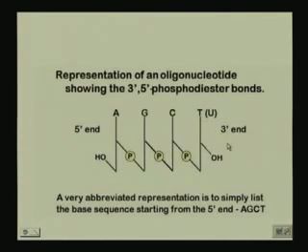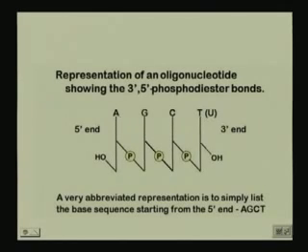Now, usually you know that you have a sugar and you know that you have a phosphate. So, even though this is a certain representation that makes it easier to understand how the cleavage actually occurs, you usually do not even write this. You just write the bases. Like I mentioned last time, instead of the polypeptide sequence with the peptide bonds and so on and so forth, you do not write the peptide bonds, you just write the specific amino acids that are linked to one another, because you know they are all linked in the same fashion.